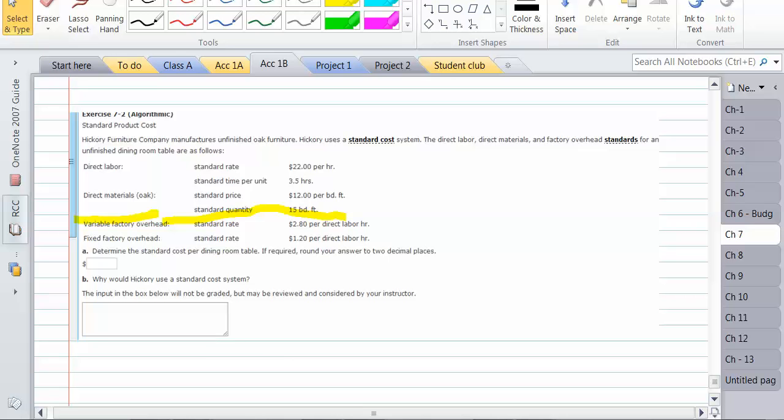So the standard cost for the direct labor is going to be the $22 per hour times the time per unit of 3.5 hours. So the cost associated with that would be 22 times 3.5.